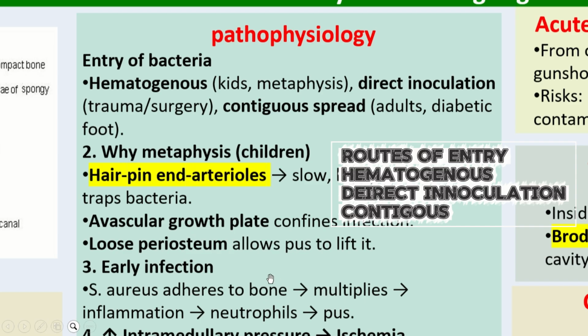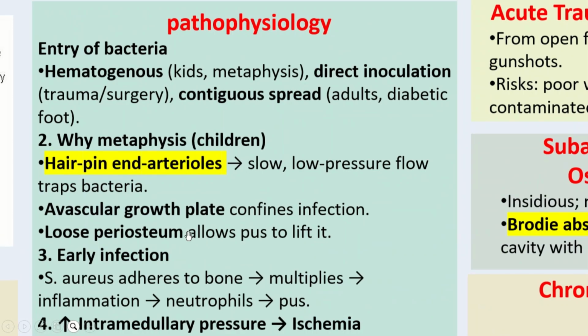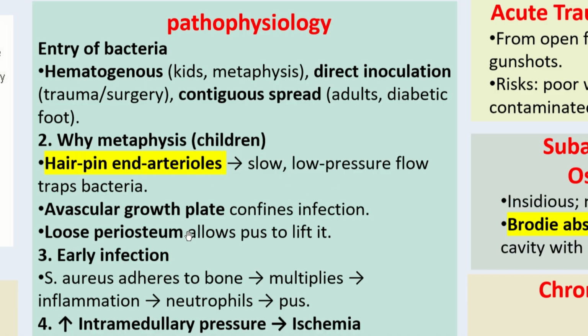So when we look at osteomyelitis, it's going to affect the metaphysis a lot. And why is it going to affect the metaphysis? This is most common in children, because if we have a systemic infection, the blood is going to flow around the body. But when it comes to the bone, we have these hairpin end arterioles. So as the nutrient artery enters, it gives off a branch that moves one upwards and one downwards, going to the epiphysis, or the ends of each bone.